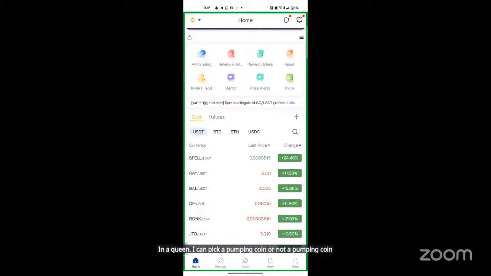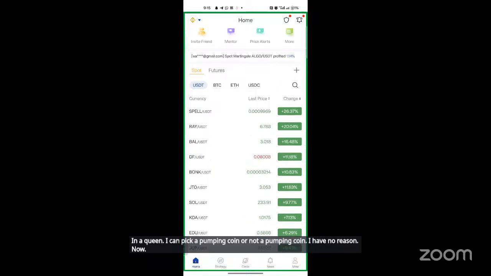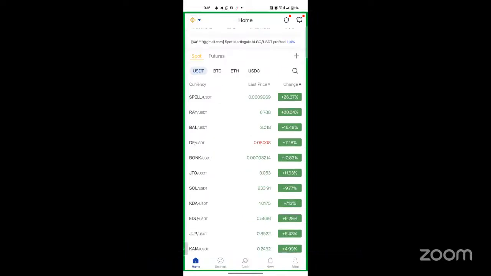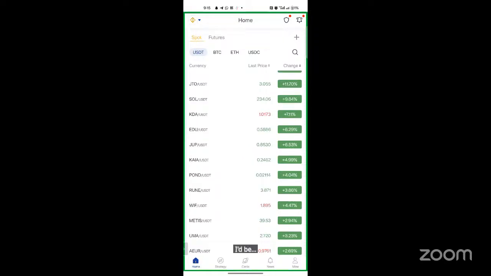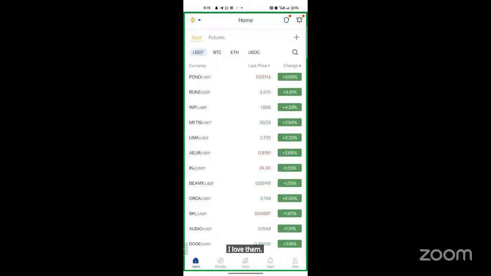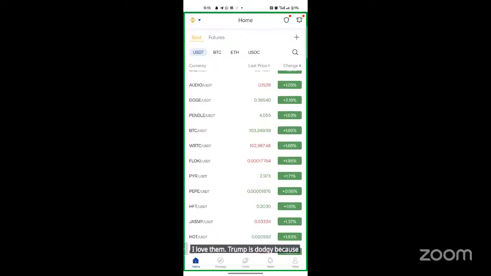Some coins I love, some I don't. Donald Trump is dodgy because Elon Musk supports Doge. Then I pick maybe because Donald Trump is coming in office.